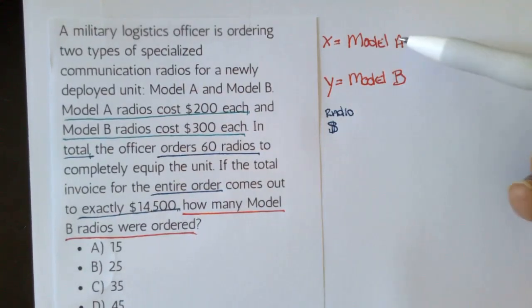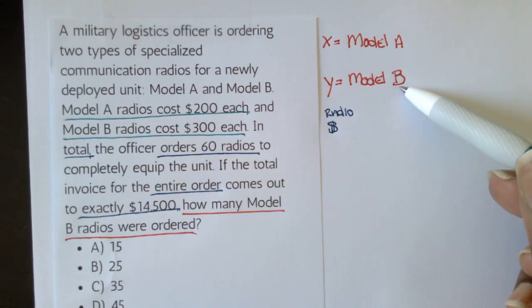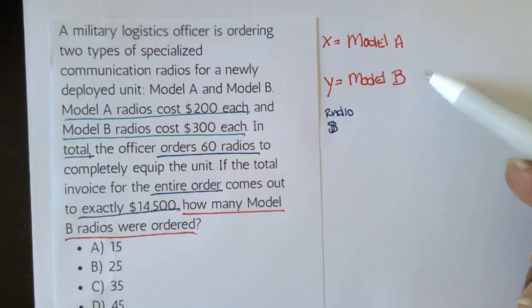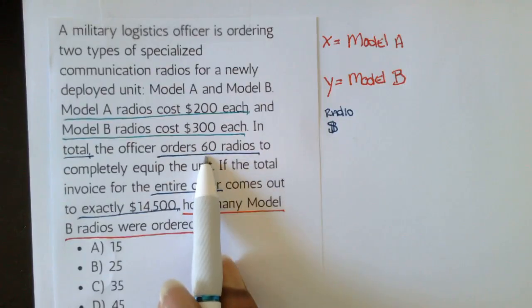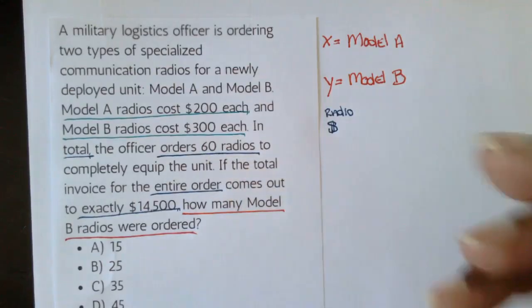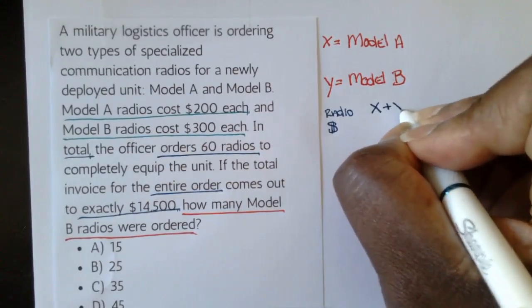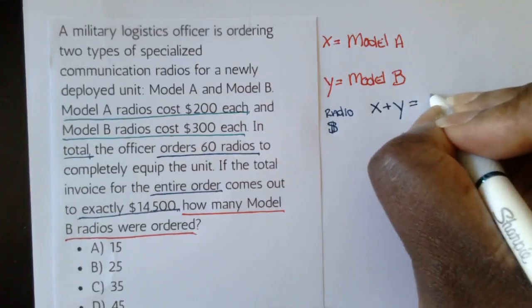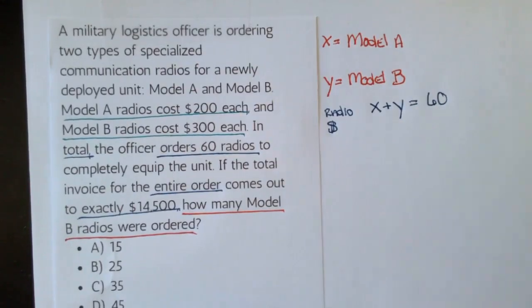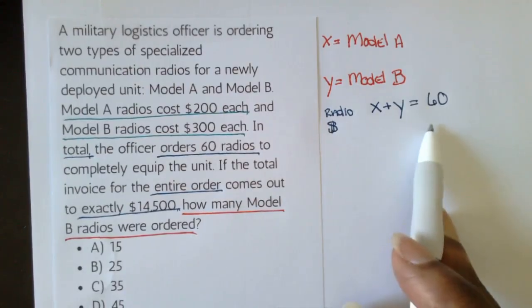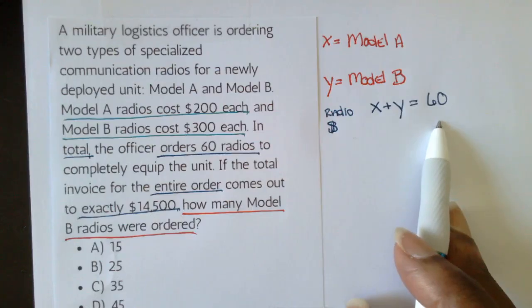We know Model A and we have Model B, and how many total radios we got is 60. So that's why you got your X plus your Y equals 60, because you're talking about just the radios.